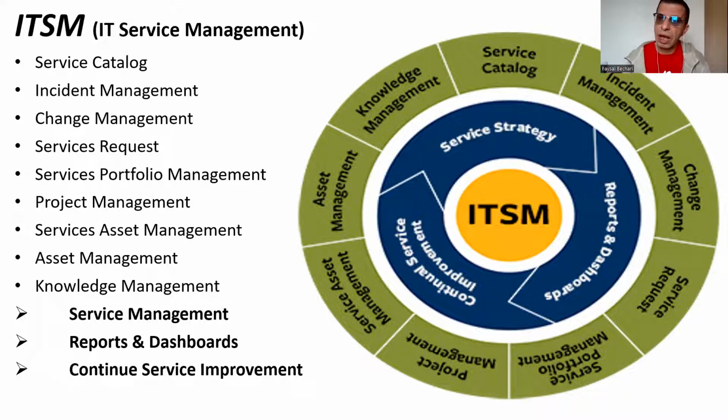Then you have what you call asset management, and then you have knowledge management. And all these are under one umbrella of service management itself, with a report dashboard where you can see it, and continuous service improvement.